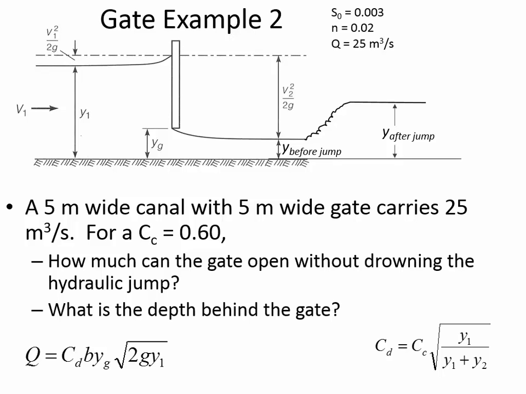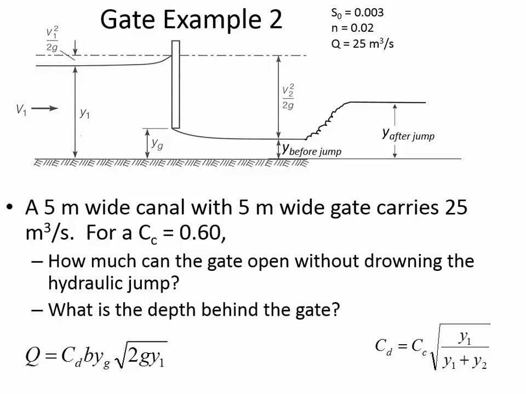So y sub c is the flow per unit width squared divided by g, to the 1/3 power. The flow per unit width is 5 meters squared per second. So we want to square that, divided by 9.81 meters per second squared, to the 1/3 power.